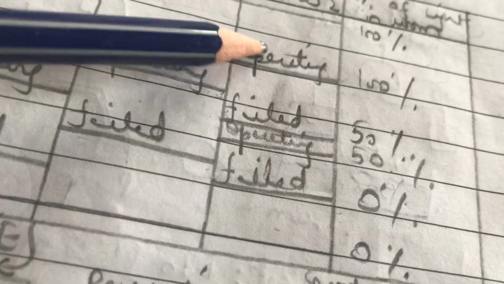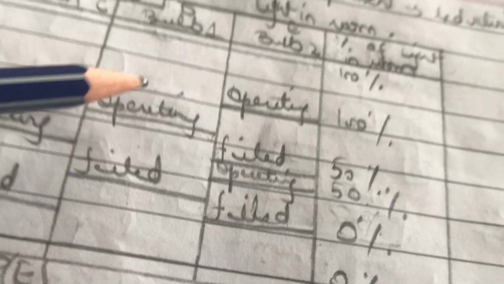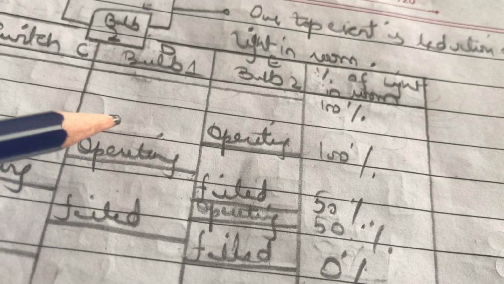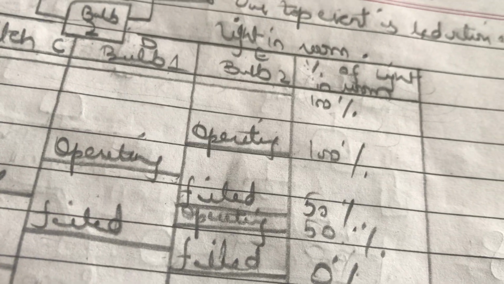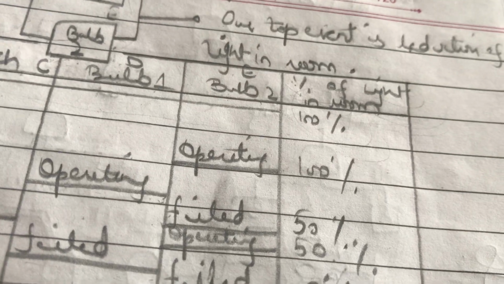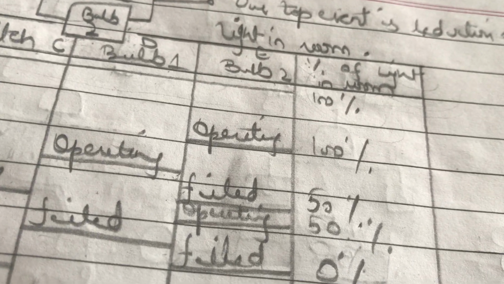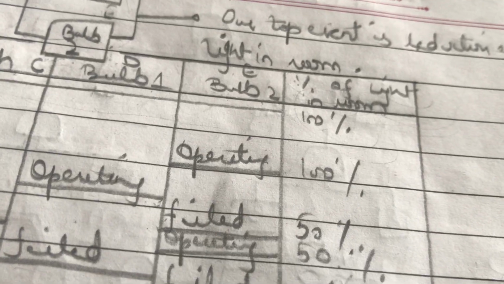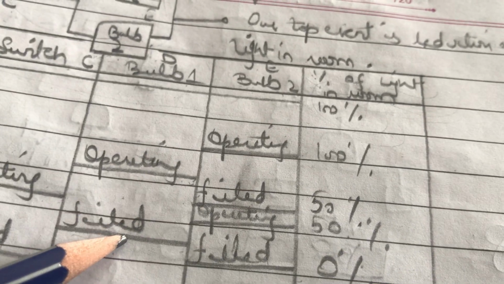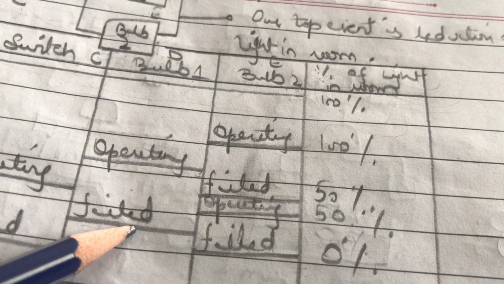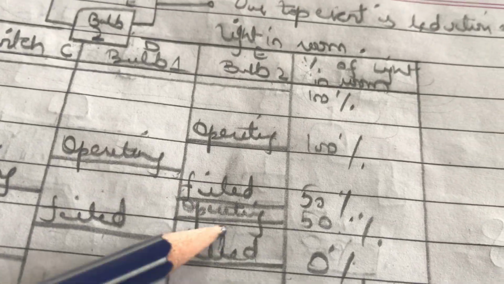So in the last column we have 4 possibilities. When our bulb 1 is operating, we can have bulb 2 as either operating or failed. And when our bulb 1 is failed, we have the possibility of bulb 2 being operating or failed. So you got it, what I am trying to say?